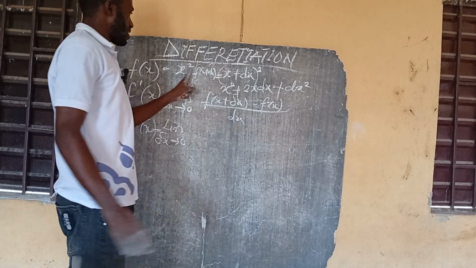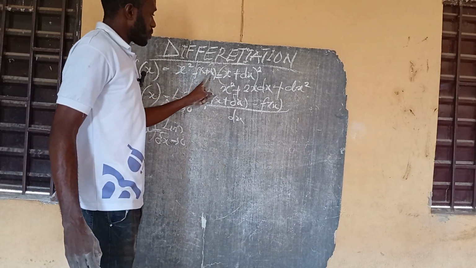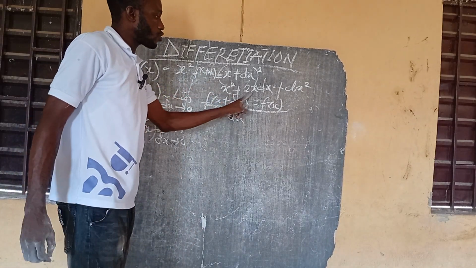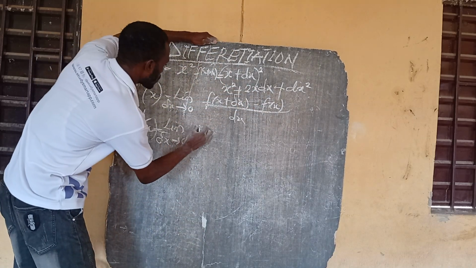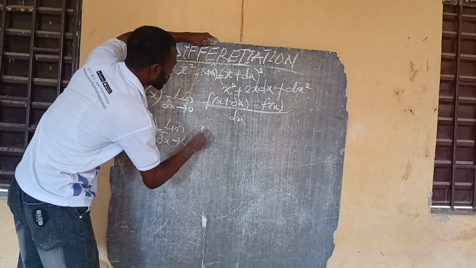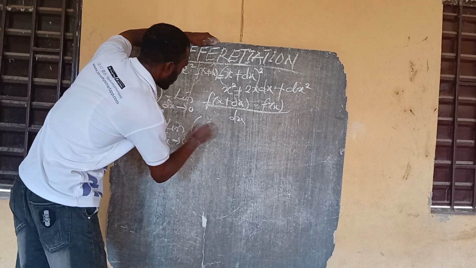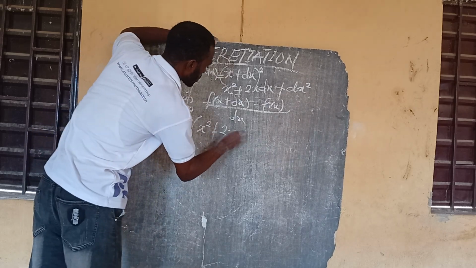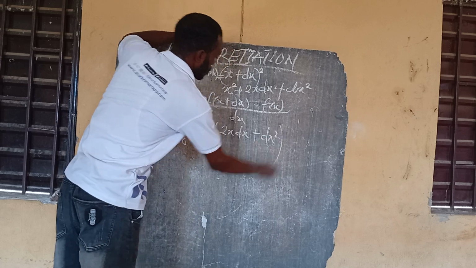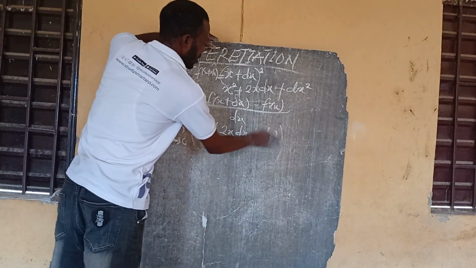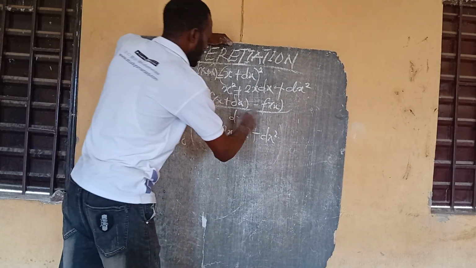If our f of x is x squared, our f of x plus dx will be x squared plus 2x dx plus dx squared. Okay, that is our f of x plus dx. Then minus f of x.